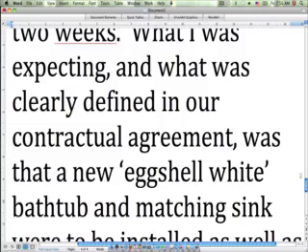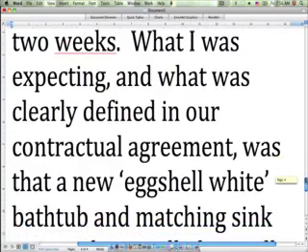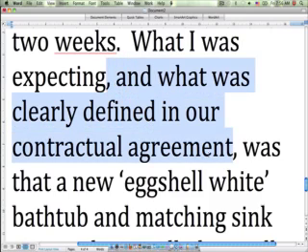So as you can see, it says what I was expecting, comma, and what was clearly defined in our contractual agreement, comma. Now, a little trick is, if you put a little idea between commas the way that I have here, this is something that could be taken away and the overall sentence would still stand.